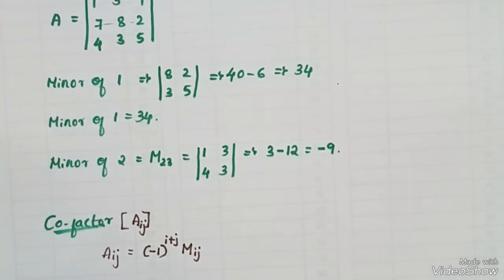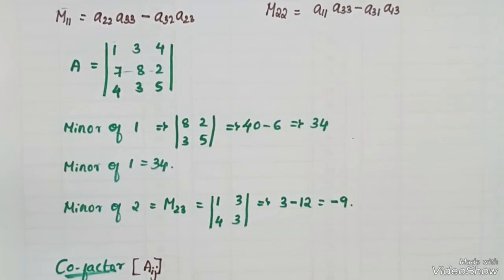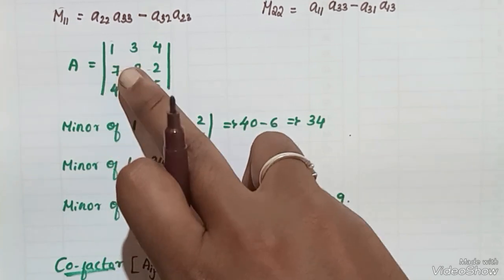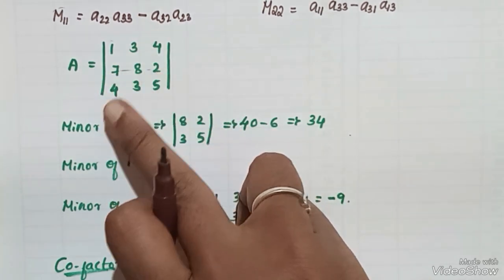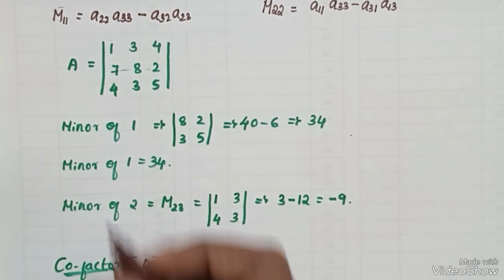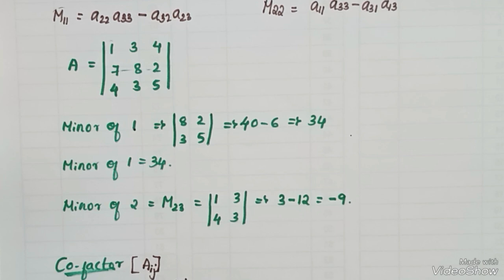For the same example I have considered, there is a determinant with the elements 1, 3, 4, 7, 8, 2, 4, 3, 5. For this we have to find the cofactor. Now finding the cofactor of 1.